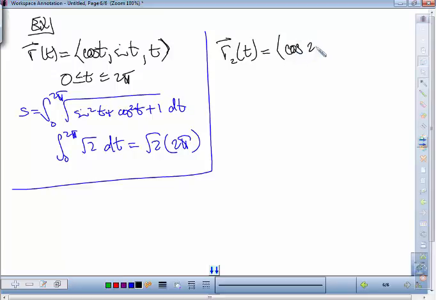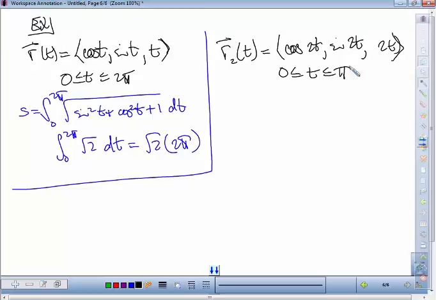Cosine of 2t, sine of 2t, and then 2t, I guess. And then let my t limits go from 0 to pi.